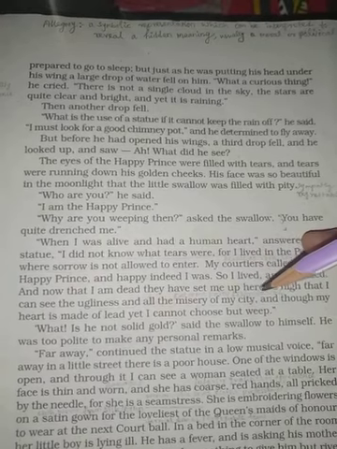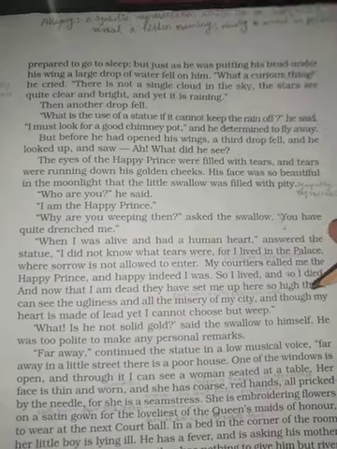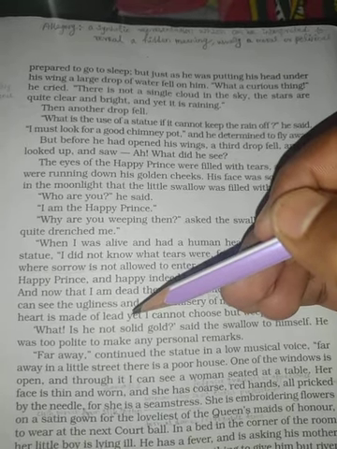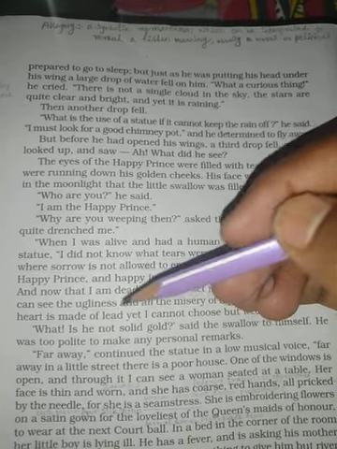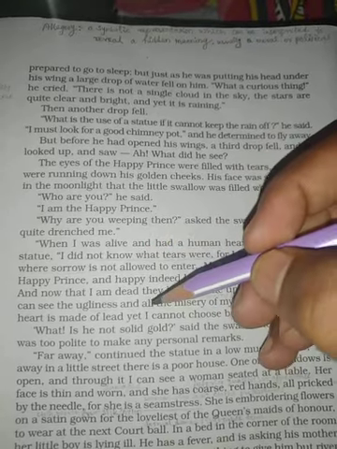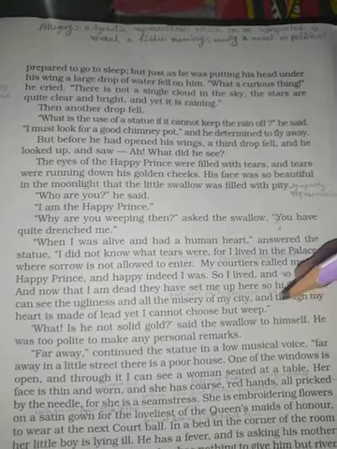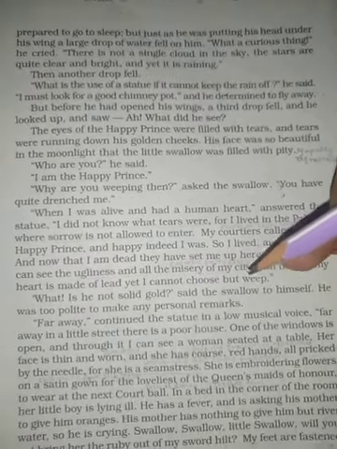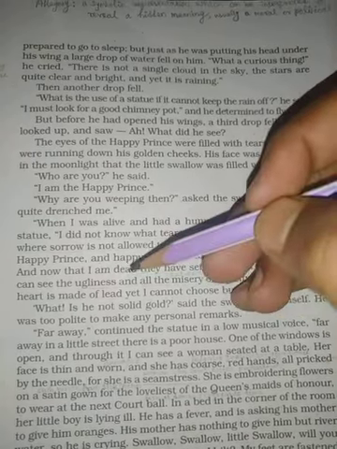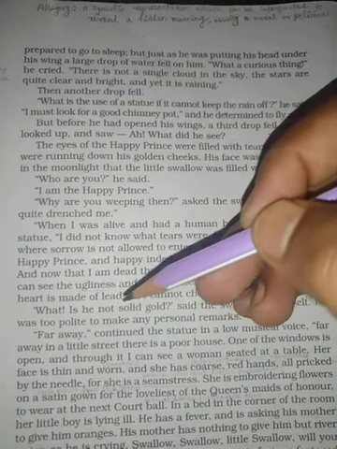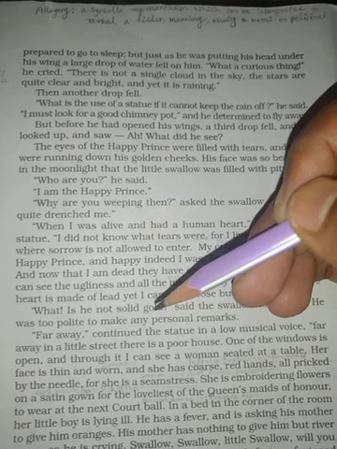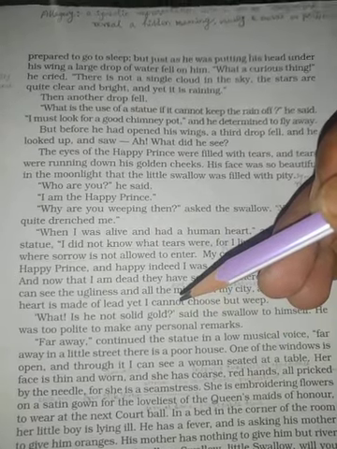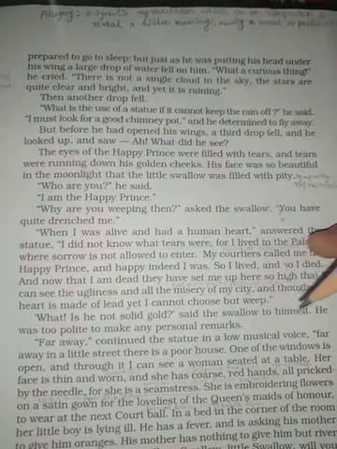And though my heart is made of lead, meaning it's made of iron, yet I cannot choose but weep. I cannot do anything except weeping. What, is he not solid gold? said the swallow to himself.